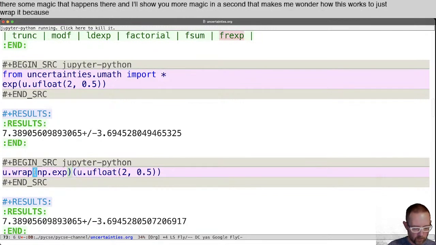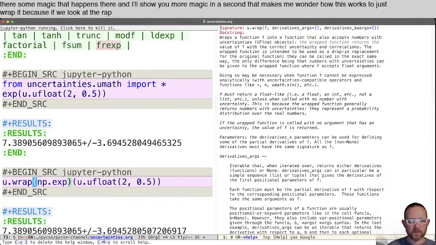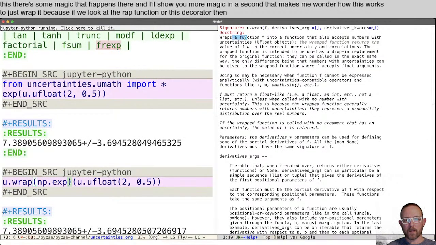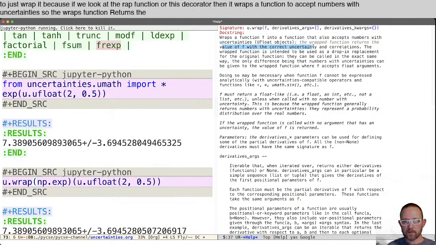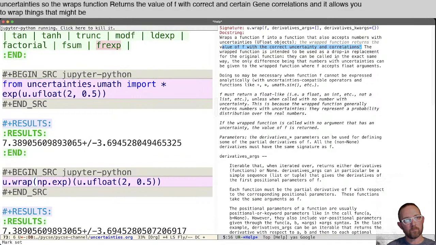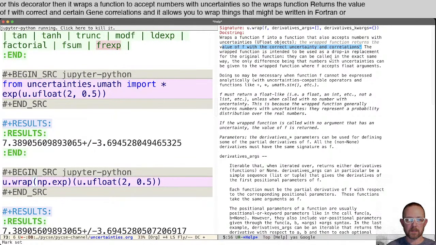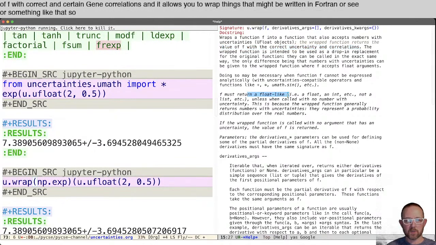Because if we look at the wrap function, or this decorator, it wraps a function to accept numbers with uncertainties. The wrapped function returns the value of f with correct uncertainty and correlations, and it allows you to wrap things that might be written in Fortran or C or something like that. Your function has to return a float-like thing, a float or an integer.